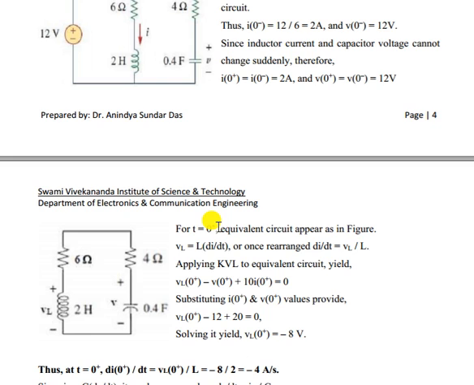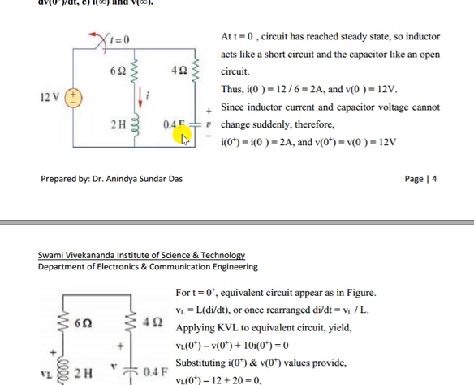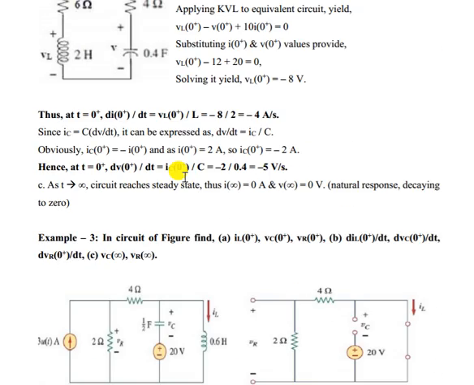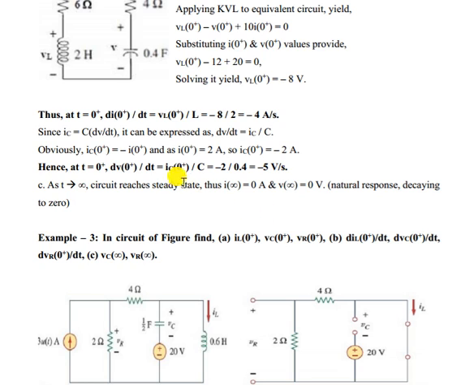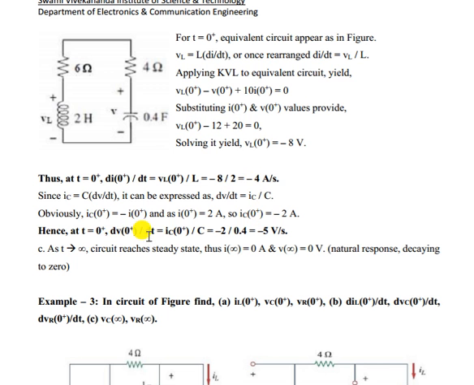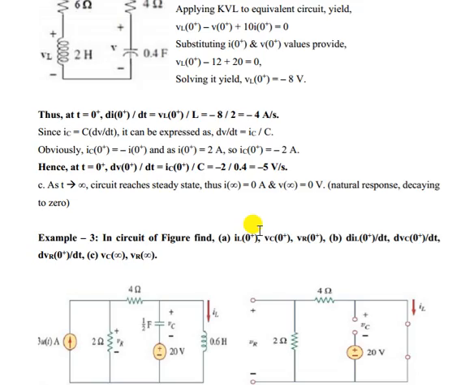Okay. Previously the current is going this way, now current goes opposite way, so minus. So we will get the value of dV0 plus, and IC0 plus is known, C value is known, so we can find out the value of dV0 plus by dt. Okay, so we got this value.